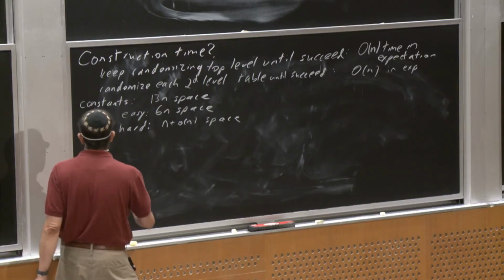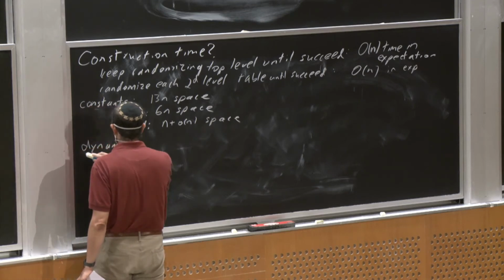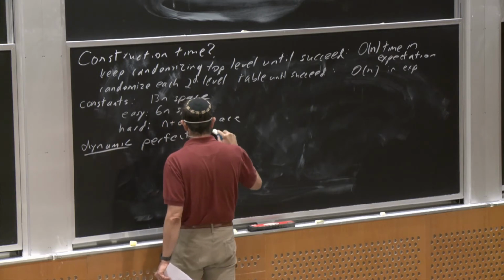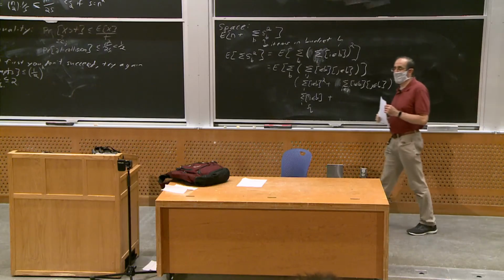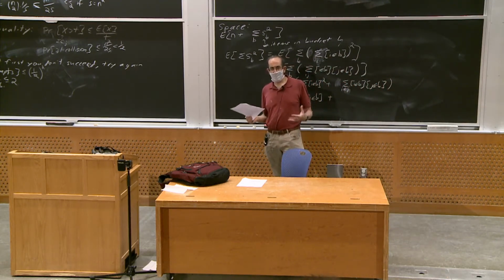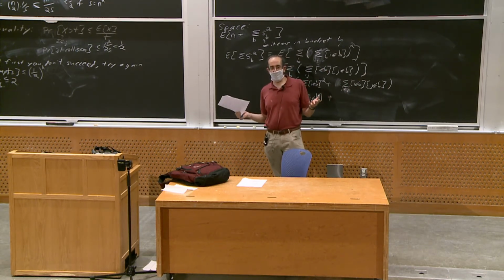Okay. Now, another thing that you might like to have is what's called dynamic perfect hashing. One of the things that we like about hash tables, so there are a lot of applications of hash tables where the set of keys is fixed, and you just need to do a lot of lookups. And for that, building the hash table in advance is fine. But sometimes you need to be able to insert and delete items as you go.